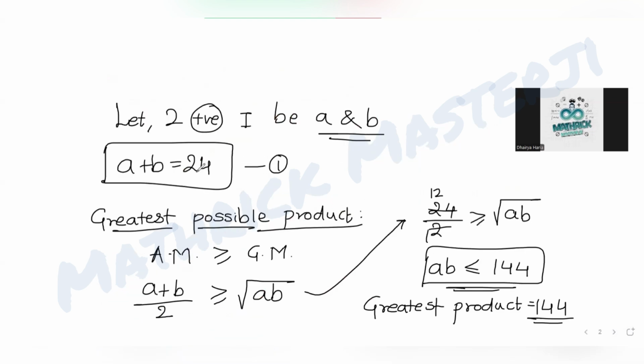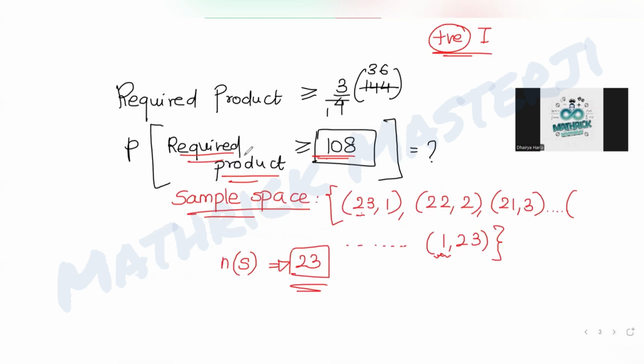So first, you used the idea of arithmetic mean being greater than or equal to geometric mean. That gave you the greatest possible product as 144. Then I found 3/4 of 144. So I got that I want to find the probability that the product of the two integers a and b should be greater than or equal to 108, because 3/4 of 144 is 108.